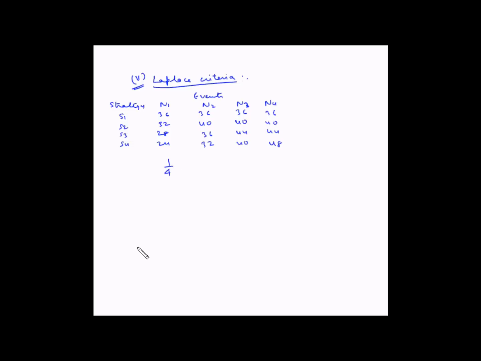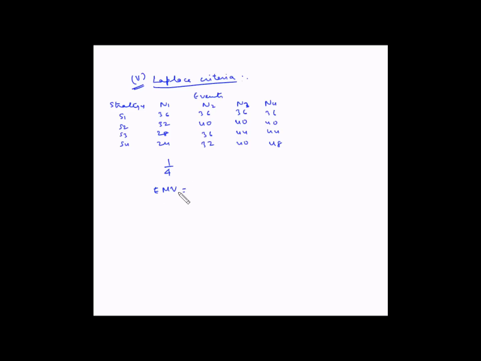So for each strategy, let's calculate the expected monetary value, which is nothing but the addition of the products of the probability with the payoffs.